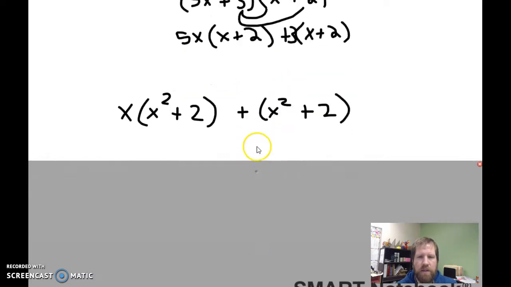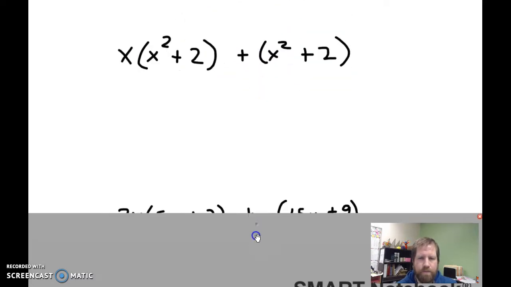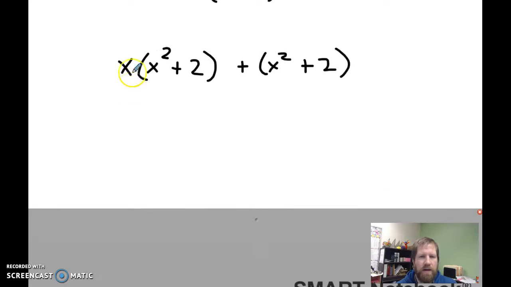All right, so let's look at another one. Now I've got x times x squared plus 2 plus x squared plus 2. I know I'm going to factor out my x squared plus 2. I'm going to write that on the right side because I think that actually makes it a little easier to see.